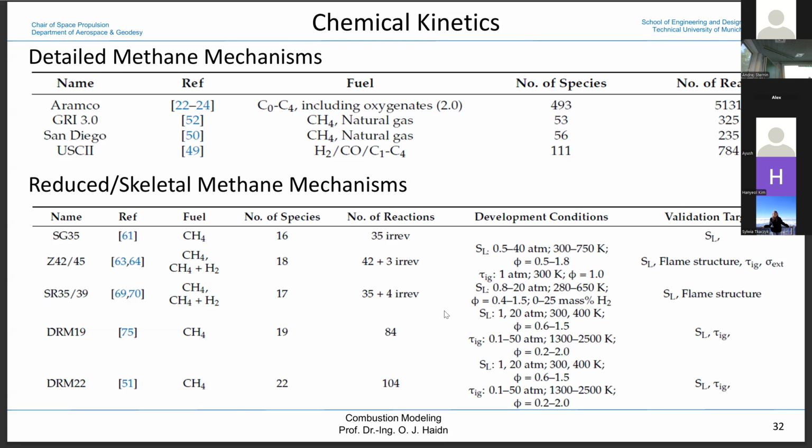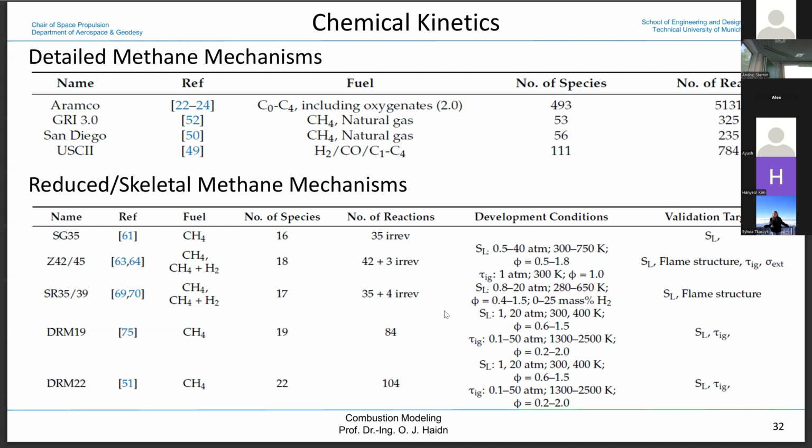They said we need almost 500 species and then 5,000 reactions. So nobody is able to predict that. So you need to boil that down to something which can be handled. And then you get some reduced chemical mechanisms. So there are different kinds of what you see. Irreversible reaction, maybe, maybe not.